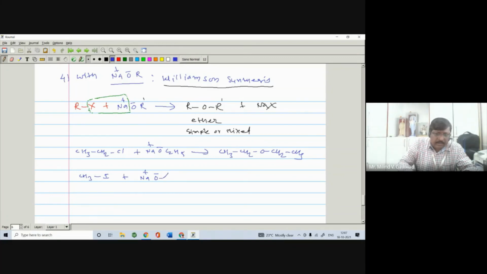Both are different, and when they undergo reaction, there is a formation of CH3, here is the O, and here is your benzene nucleus. It is called methoxybenzene or anisole. So in this way you can write a number of examples. You can get a simple ether, and also a mixed ether.